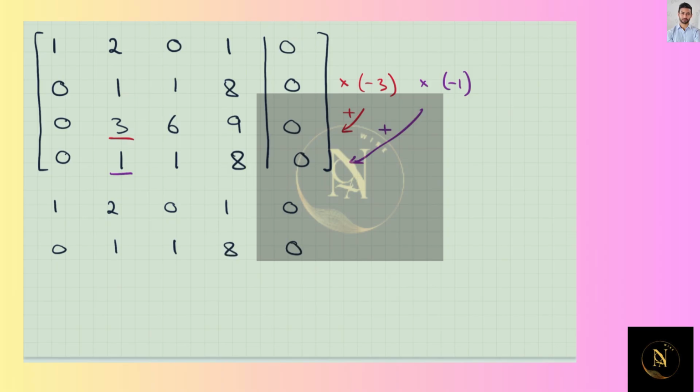In the third row, we are going to get 0, 0. 1 times -3 is -3, plus 6 is 3. 8 times negative 3 is negative 24. Negative 24 plus 9 is negative 15. And in the last row, we are going to get 1 times negative 1 plus 1 is going to be 0. 1 times negative 1 is negative 1 plus 1 is going to be 0. 8 times negative 1 is negative 8 plus 8 is going to be 0.